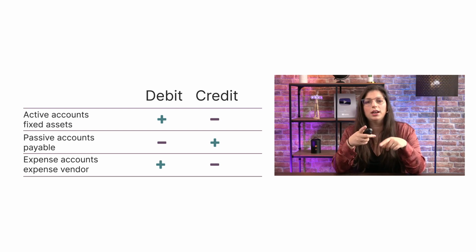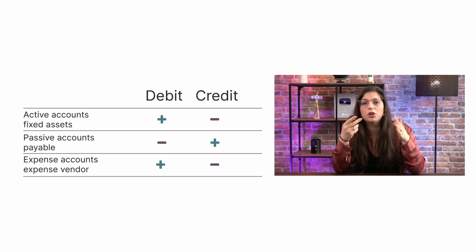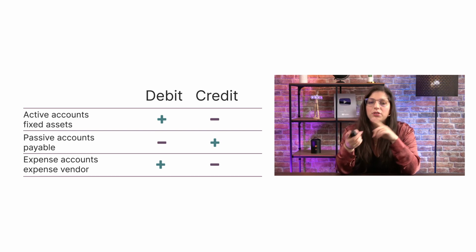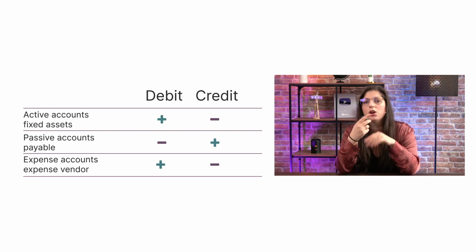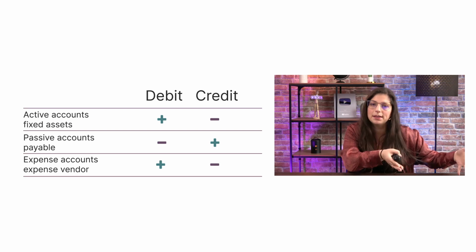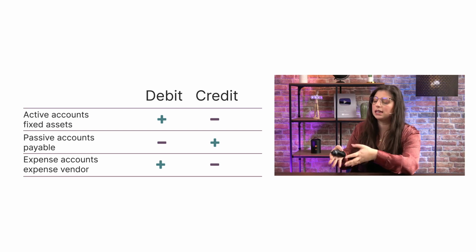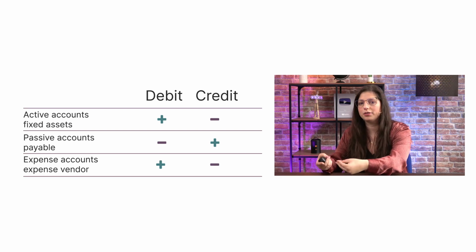In order to do that, the value of the cost will be put on the debit side of the account. If we combine this with the previous example with the passive accounts, we see that the idea of the double entry is now complete, because on the debit side you're going to have the expense account, and its counterpart is going to be on the credit side with the payable account.